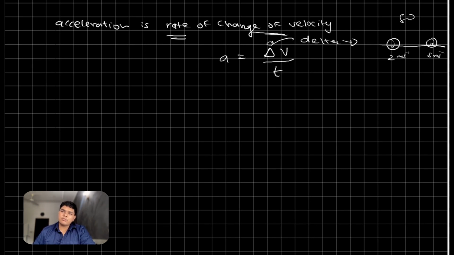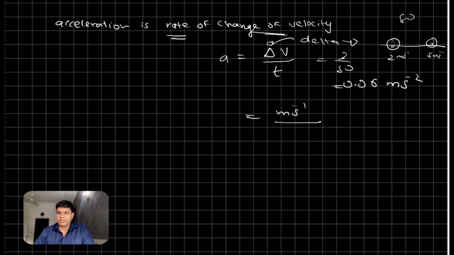So your acceleration would be 3 over 50, and there's my trusty calculator. 3 divided by 50 would be 0.06 ms^-2. Why is it ms^-2? We know that the unit for velocity is ms^-1, right?